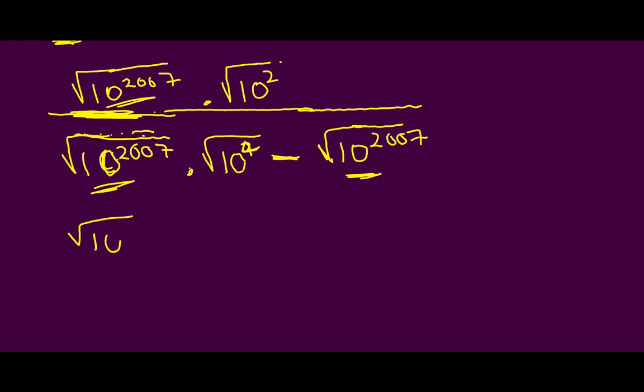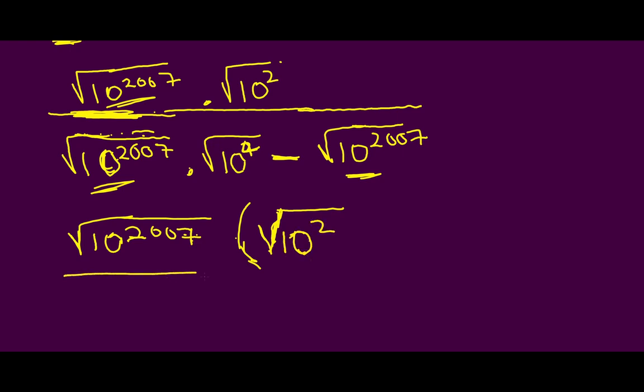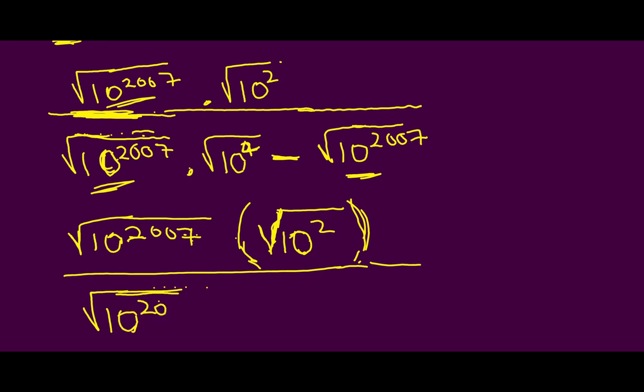So you're going to say square root of 10 to exponent 2007, right, into square root of 10 to exponent 2, divide, let me cancel out the bracket, divide by square root of 10 to exponent 2007.